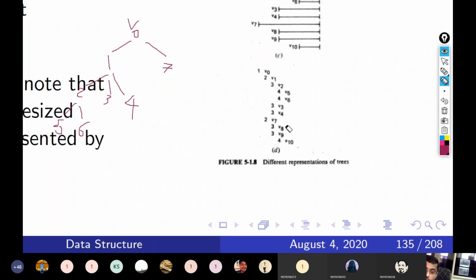So here, label 1 for V0, that is root. Label 2 for V1 and V7, right? Label 3 for V2, V3 and V4. And V5 and V6 are at level 4.